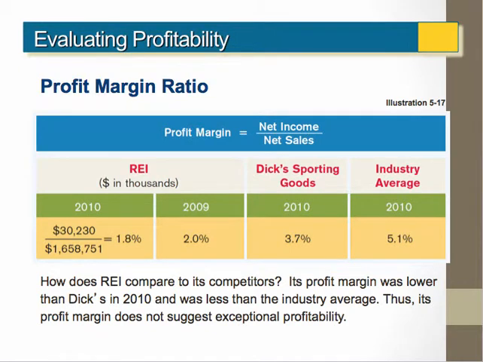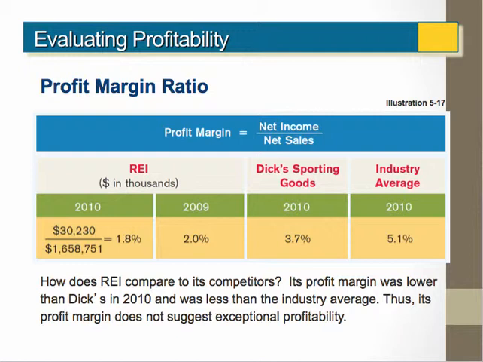So here, as we look at REI again, where we take net income divided by net sales, notice here our profit margin ratio of 1.8% in 2010 and 2% in 2009 is lower than Dick's Sporting Goods and the industry average.